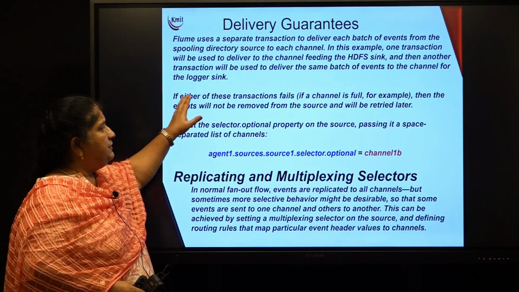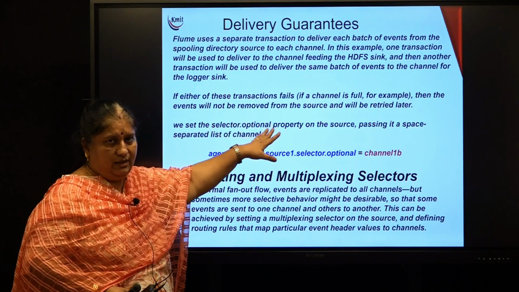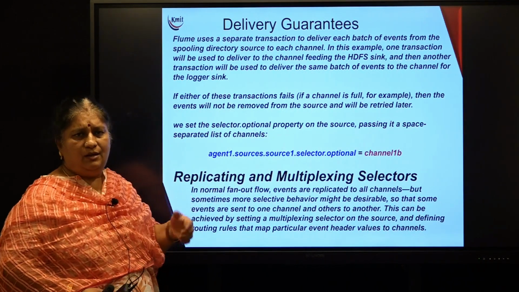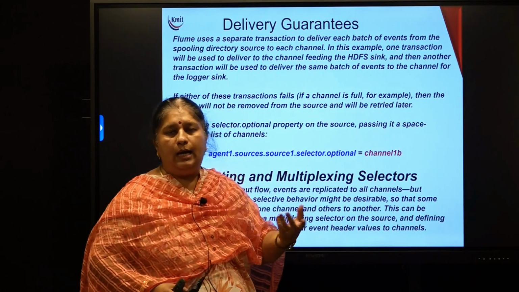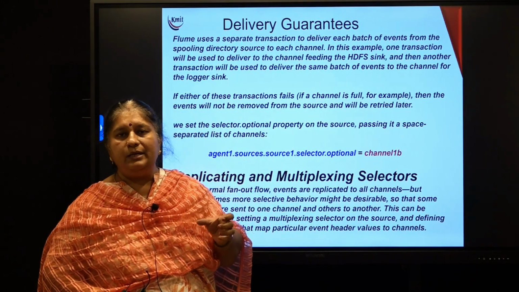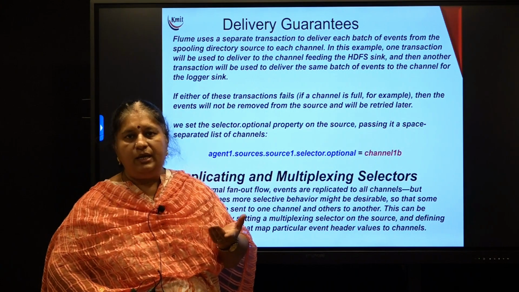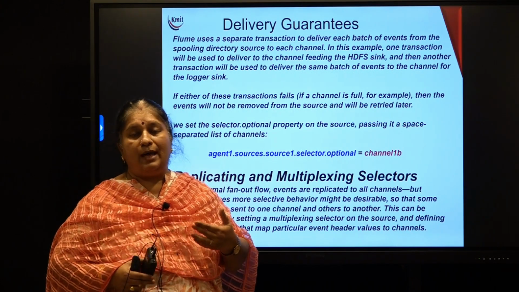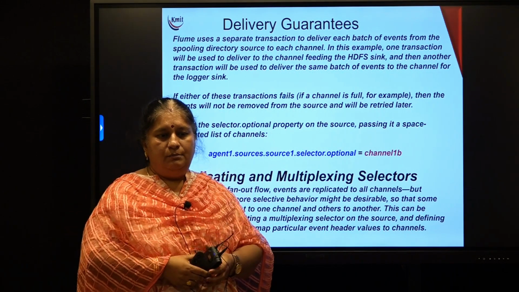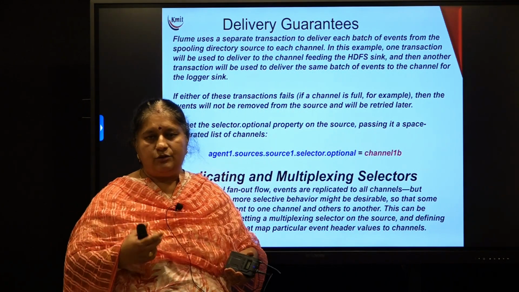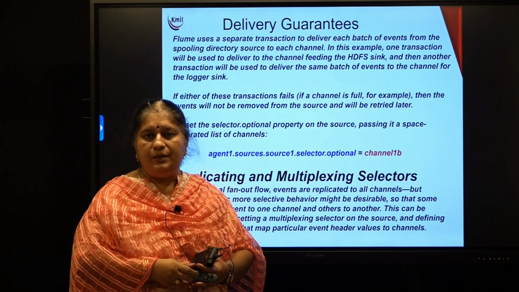If either of these transactions fails, why would it fail? One such example they have given is that the channel has become full. Ultimately the channel is a component with limited capacity, limited memory capacity. So what happens if the channel is full? We know the concept of memory being full when you are trying to pump in information.